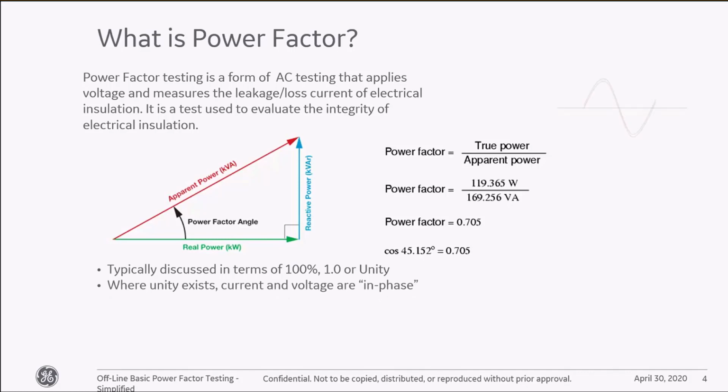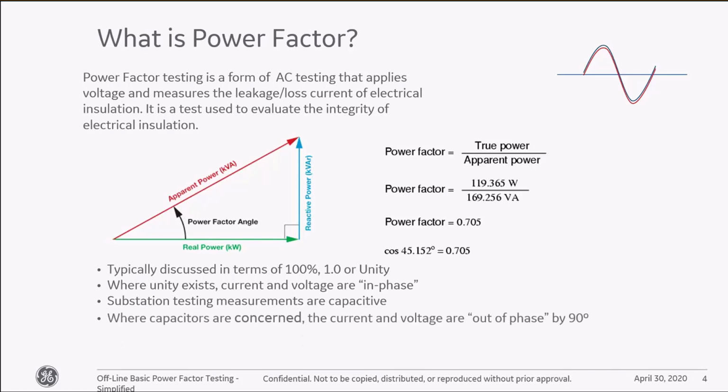Where unity exists, current and voltage are in phase. Okay? And that's kind of what it looks like. It looks a little better than that, but that's just me freehanding in PowerPoint, and I don't know that I'm that good at it. So the current and voltage are in phase when power factor is at unity. Substation testing measurements from a power factor standpoint are capacitive, and we'll get into that a little bit.